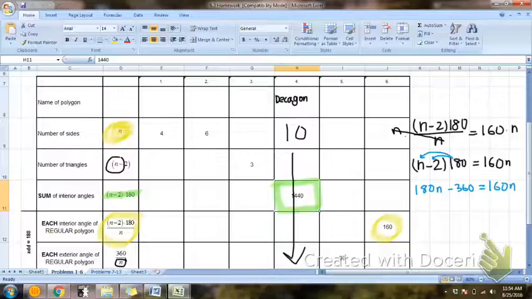Okay, because we already have an n on the right side and nothing else is over there, let's take our 180n over there. So let's subtract 180n. I get negative 360 equals negative 20n.